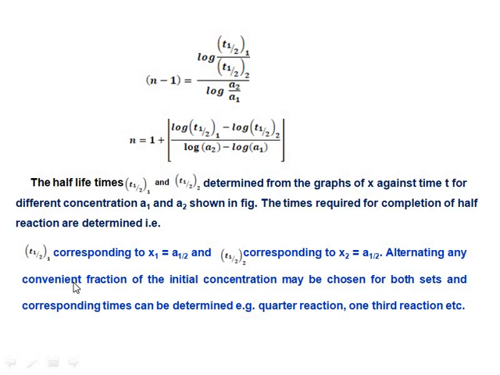Alternatively, any convenient fraction of the initial concentrations may be chosen for both sets and the corresponding times can be determined. For example, the quarter reaction, 1/3 reaction, etc.